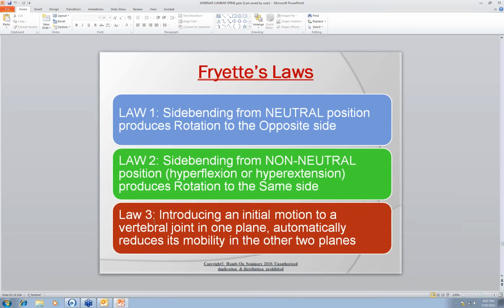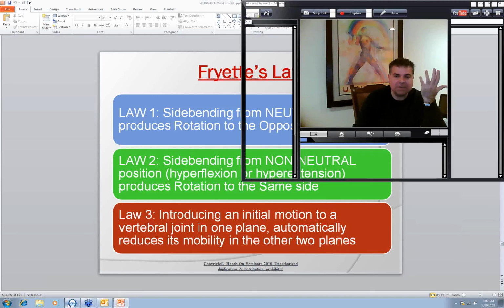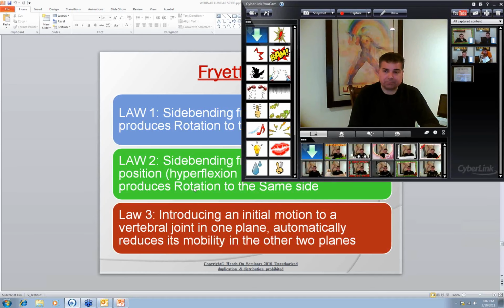And law 3 says that when you introduce an initial motion in a specific plane of motion, automatically that will reduce the mobility in the other two planes. What does this mean? Well, let's see an example. If the initial motion I produce is side bending of my neck, then the rotation will be reduced.